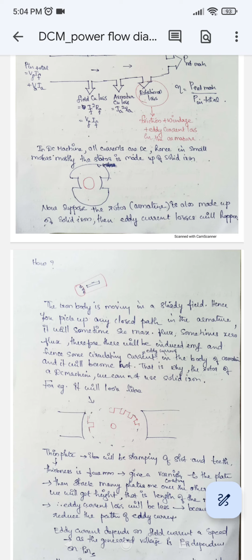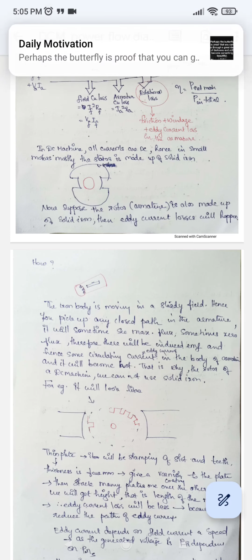In the stator, what is the supply given to the stator? It is a DC supply and there is no other change to that DC. The stator is a stationary thing to which a DC current is being given and there are no alternating quantities in the stator. But in the case of the rotor, the rotor is a rotating structure.